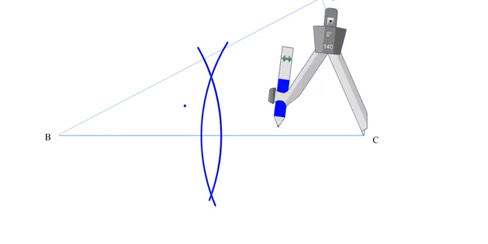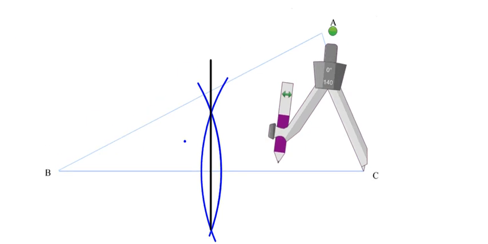All right, so there I'm going to construct my perpendicular bisector for segment BC. And I might make this a nice big perpendicular bisector. Secondly, I'm going to construct the perpendicular bisector for side AC.